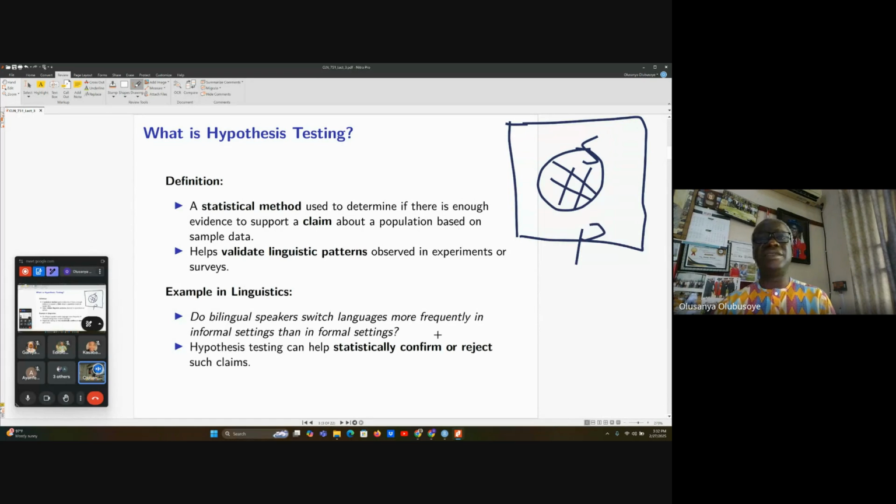So that is the essence of hypothesis testing that we are discussing with respect to linguistic data.